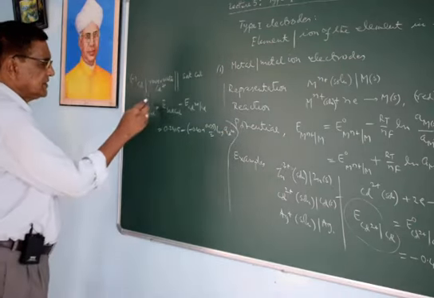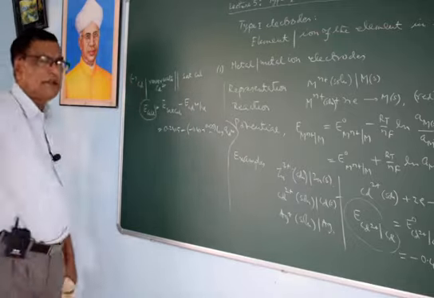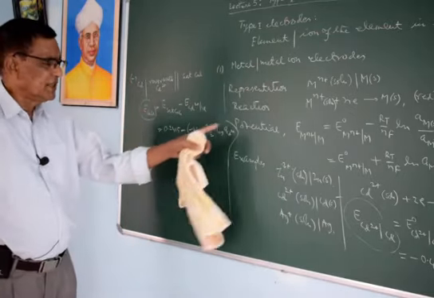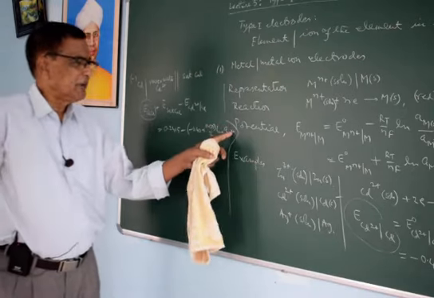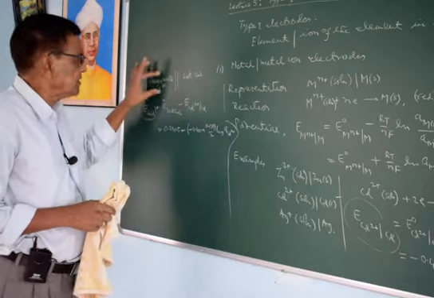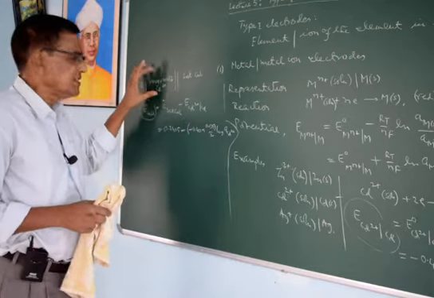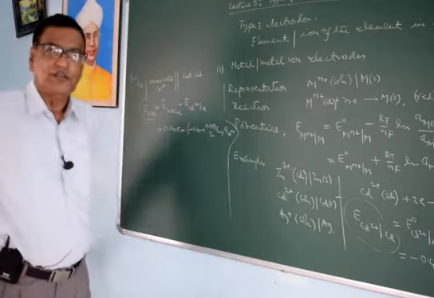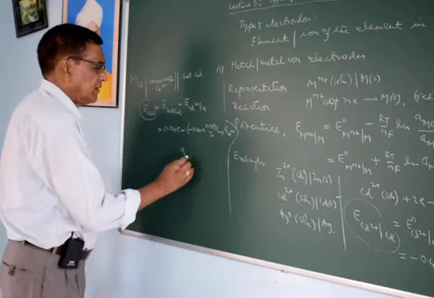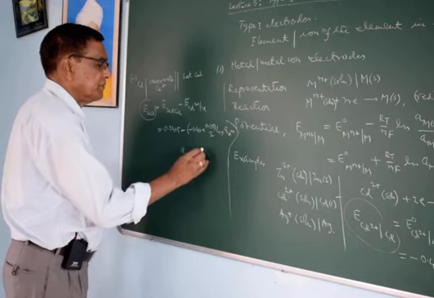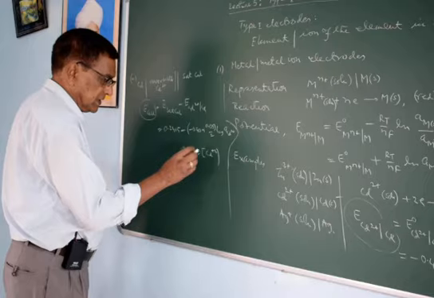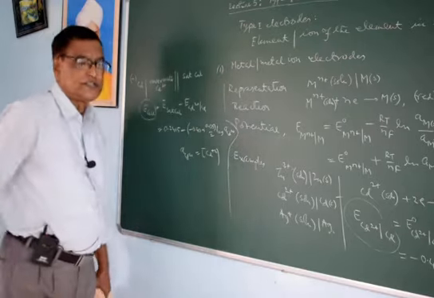This is determined by means of a potentiometer, and from this value we can easily get the activity of cadmium ion in this river water. Cadmium solution in river water is very dilute, so the activity of cadmium 2 plus can be replaced by the concentration of cadmium 2 plus, and this is so sensitive.